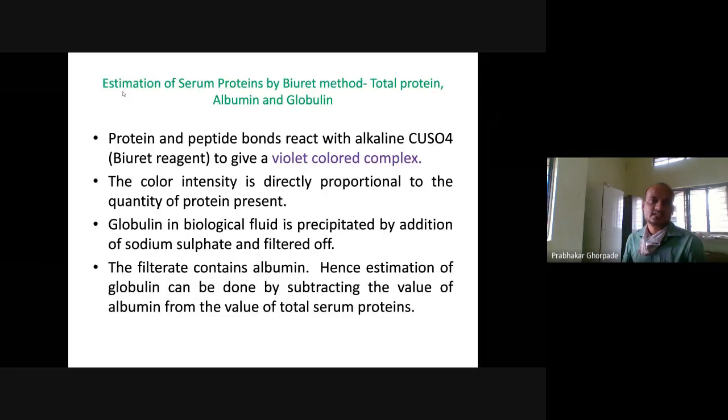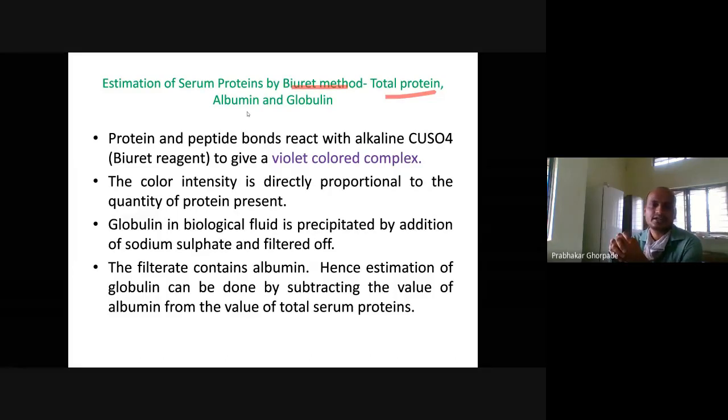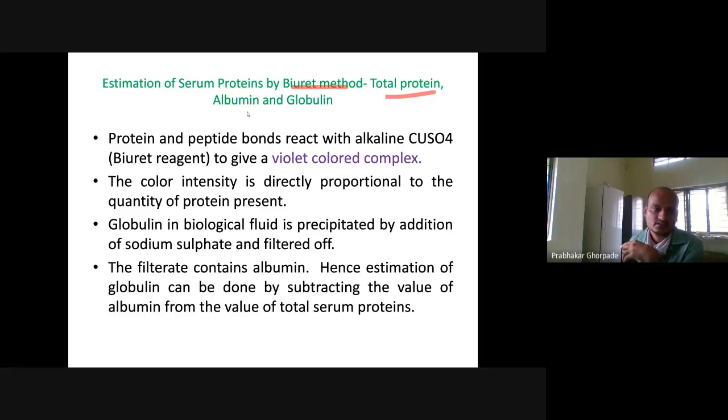Next is the estimation of serum protein by the biuret method. Total protein is there, albumin is there, globulin is there, and we have to measure the total protein. Protein peptide bonds react with alkaline copper sulfate, the biuret reagent, to give a violet color complex.